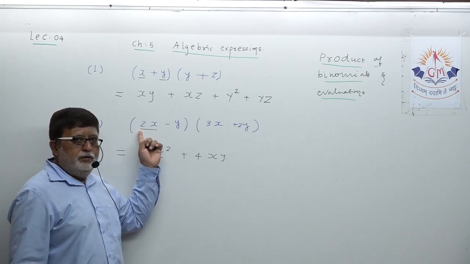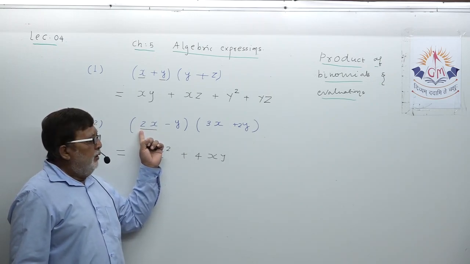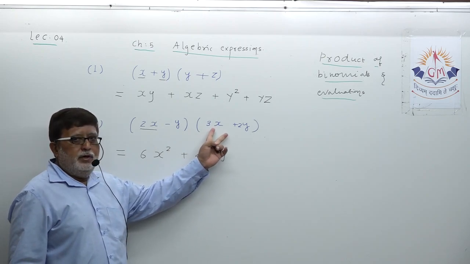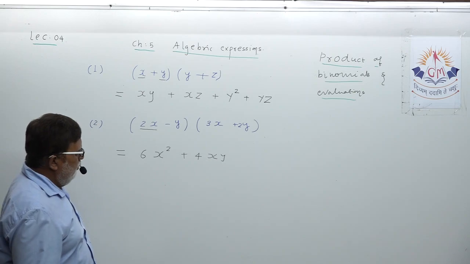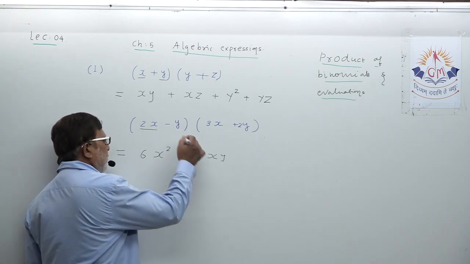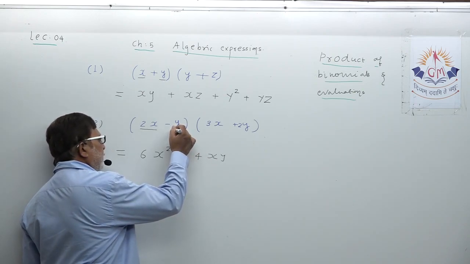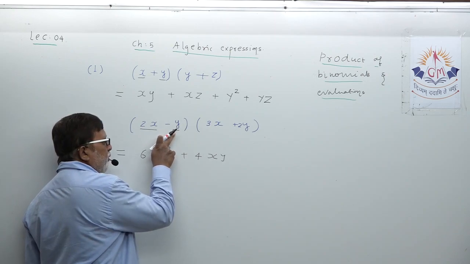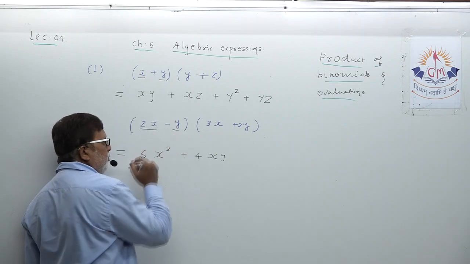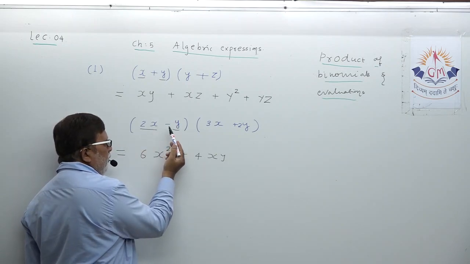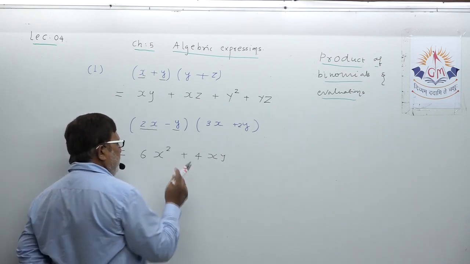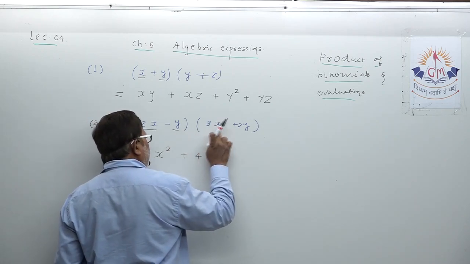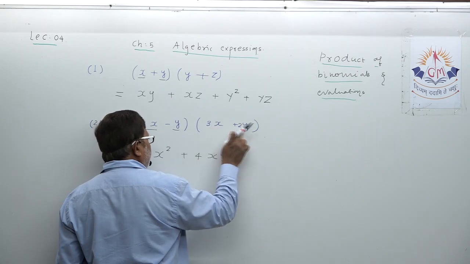First term of this binomial has been multiplied with this binomial. Now you target the second term of this binomial, that is minus y. Here no number means 1, as you all know. Minus y to be multiplied with this bracket, meaning this binomial.